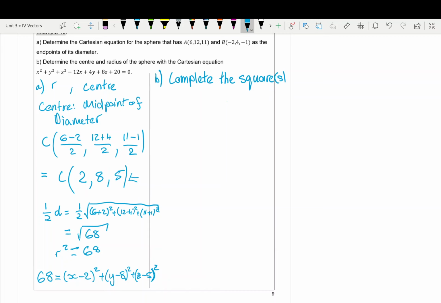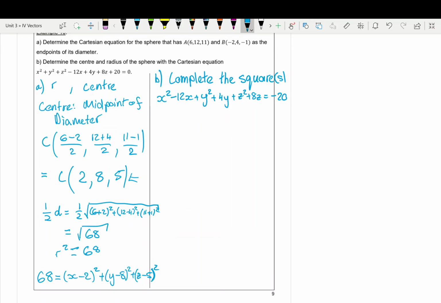So to start, we want to rearrange them so that all of our common components are together. So x squared minus 12x plus y squared plus 4y plus z squared plus 8z and then that's equal to negative 20. I'm going to take the 20 to the other side.